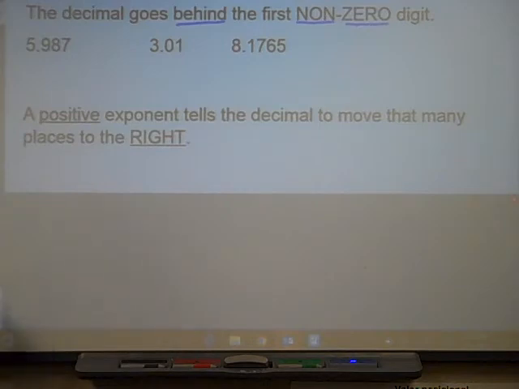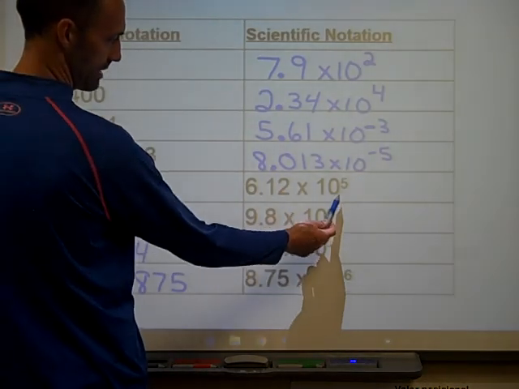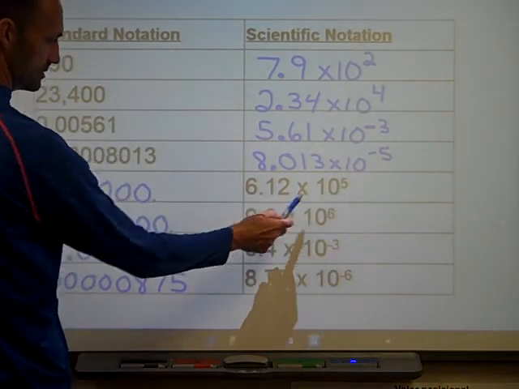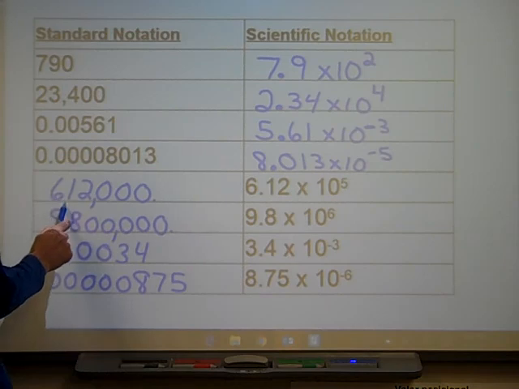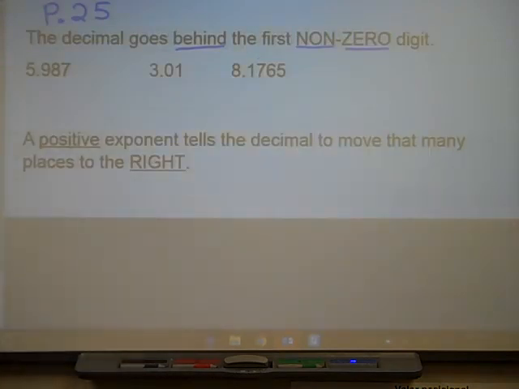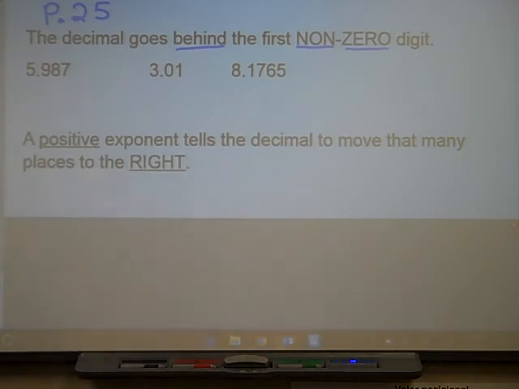If we go back a page here, right, remember, in this example, we said it was a positive 5. So the decimal is going to move 5 to the right. 1, 2, 3, 4, 5. Right, so a positive exponent tells the decimal to move that many places to the right.